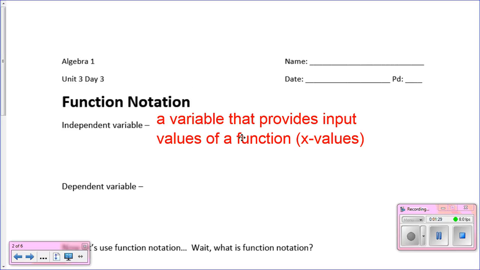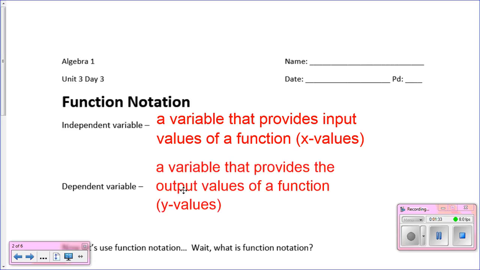So the variable that provides the input values of a function, your x values, is your independent variable, and the variable that provides the output values of a function, your y values, is your dependent variable. So this is the stuff we get out depending on whatever we put into the equation. This is what it would be equal to.